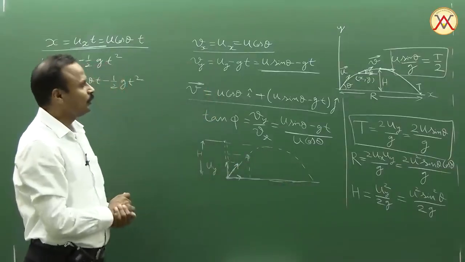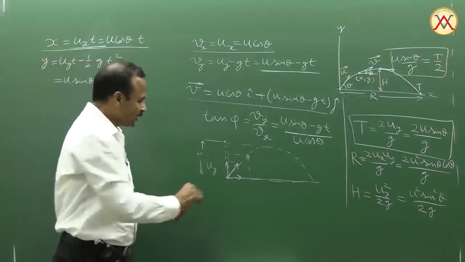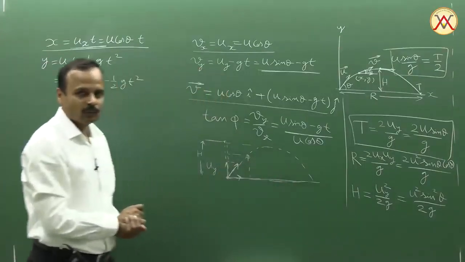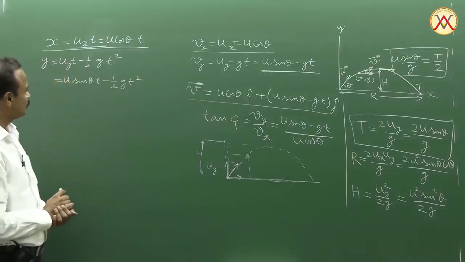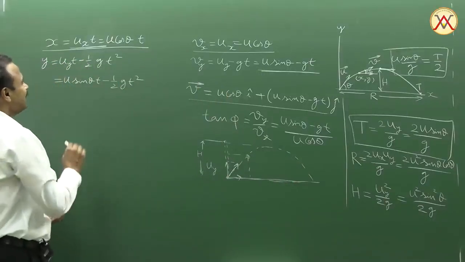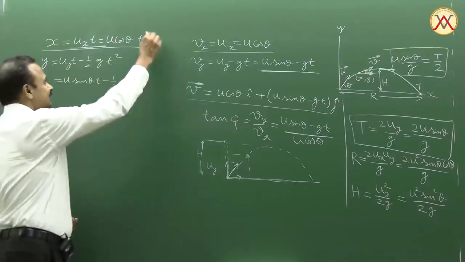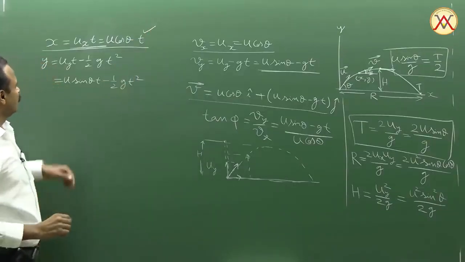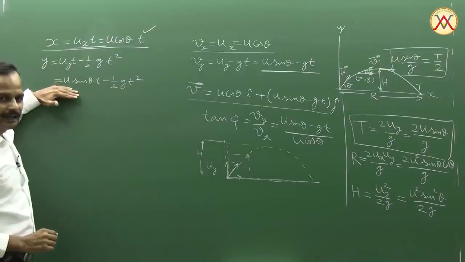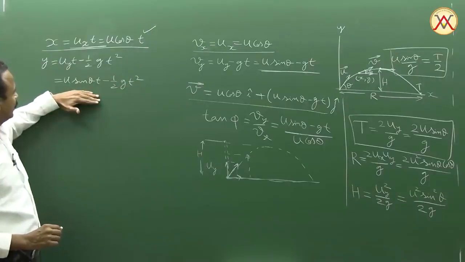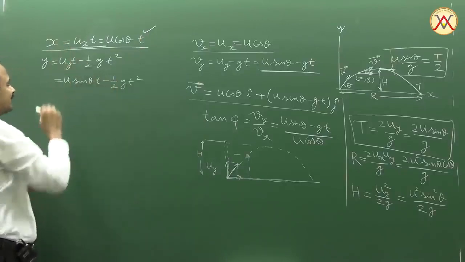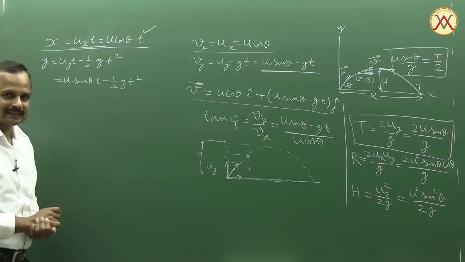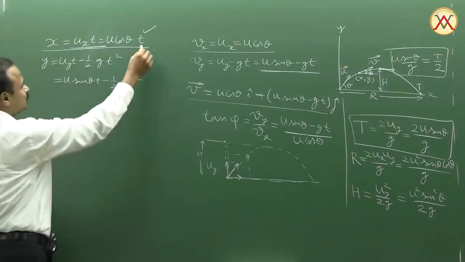By the way, if we want to see what the equation of this path is, what do we have to do? We have already done such questions. What we have to do is just eliminate this t from the x and y coordinates. By eliminating t, we can get a direct relation between x and y. So let's do this.